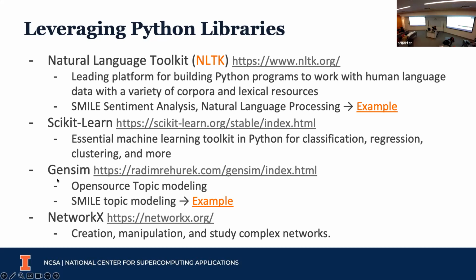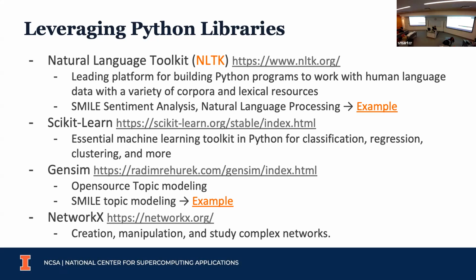And next, Gensim is used for topic modeling, and you can read more about how we do that. Click this example link. And last thing is NetworkX. We use that for creation of the Twitter network.